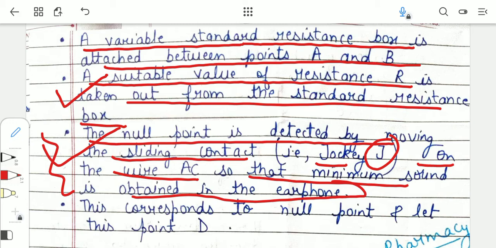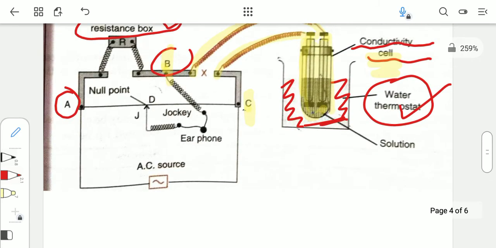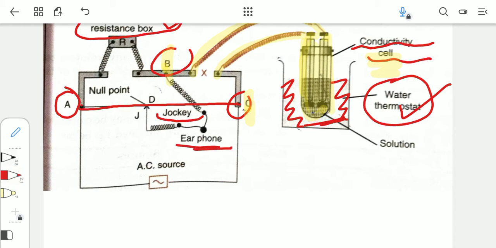We don't need to go into all that detail, because here the Wheatstone bridge itself is not important. We only need to know how we are calculating the conductance. From A to C there is a wire, and there is a moving sliding contact known as the jockey, represented by J. By sliding this jockey over the wire, there is a point where there is minimum sound in the earphone, and that point is our null point.